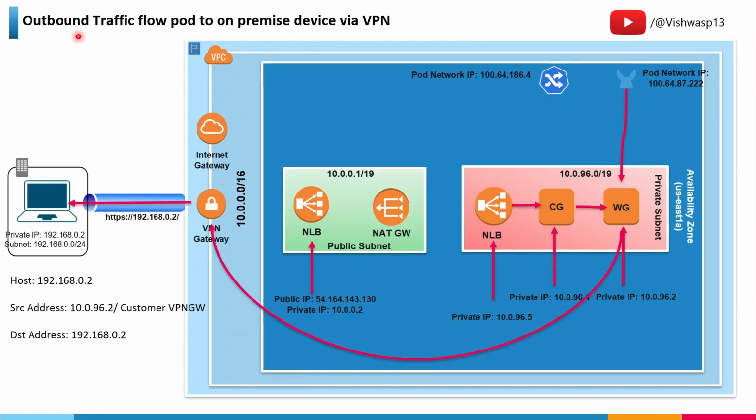Next up, we have the outbound traffic flow from pod to on-premise device via the VPN. So for example, a Mule application, which is a pod, wants to communicate with a device on-premise. It has some other application, for example, a database maybe, and it wants to access this.